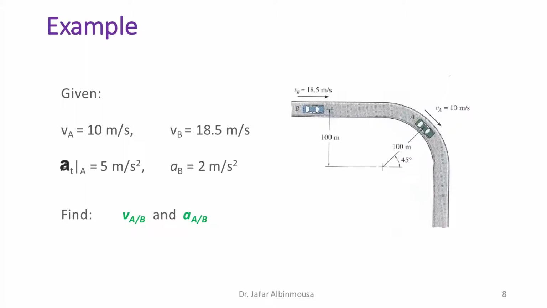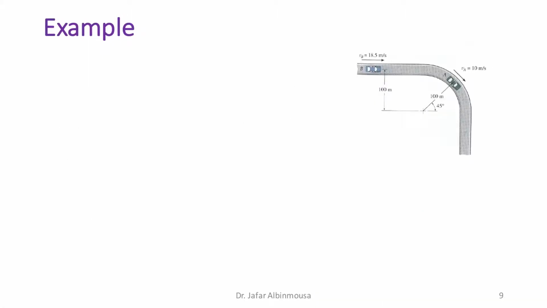What we want is to find the relative velocity of A with respect to B, as well as the acceleration of A with respect to B. Now, let's start writing down the absolute velocities in vector notation. We will start with v_A. If you look carefully, the vector is pointing downward.